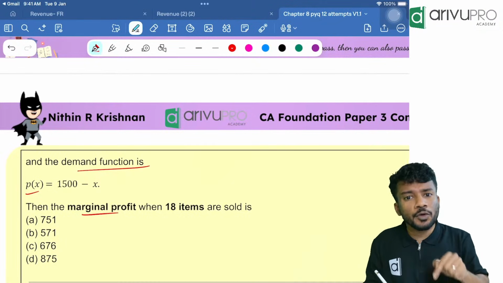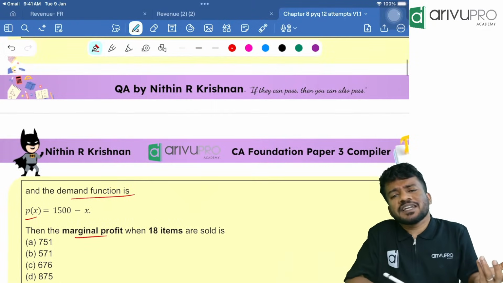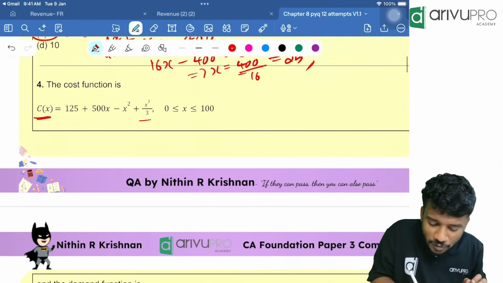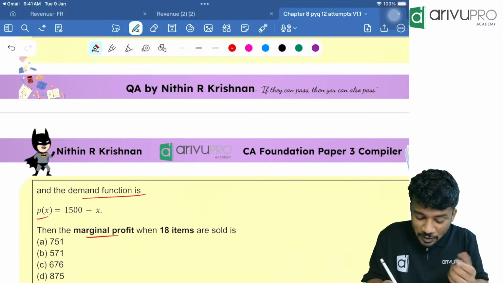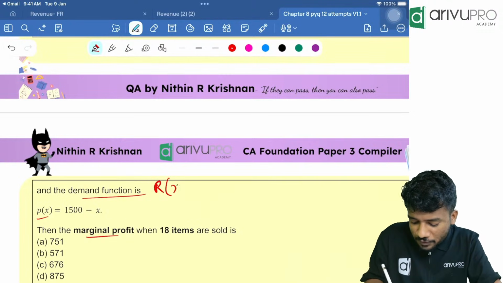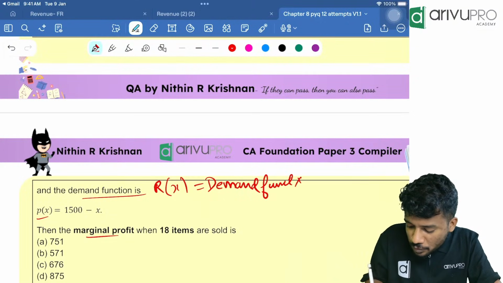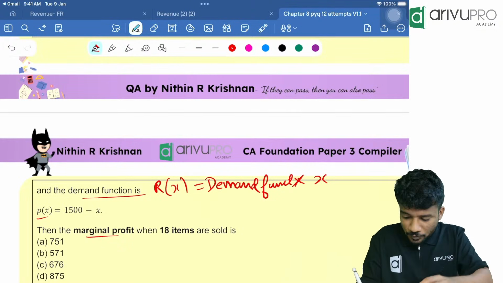First of all, do you have the profit function here? No. So what is profit? Profit is nothing but revenue minus cost. I have cost over here, but I don't have revenue. So how to find the revenue function? R of x is nothing but the demand function multiplied with x, where x is the number of units produced.